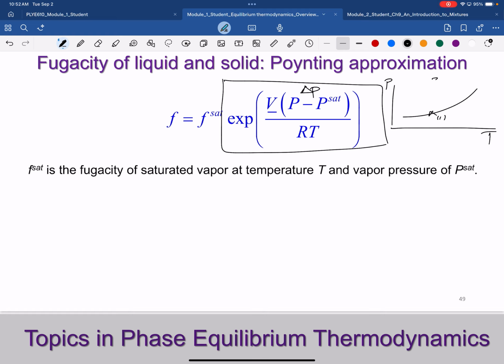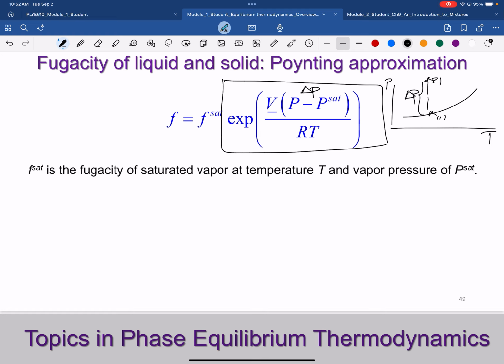State 1, you are going into the liquid. That is your delta P. As long as I know that delta P, I can easily calculate the contribution from the liquid part and calculate the fugacity at the Psat and at the temperature that I have.